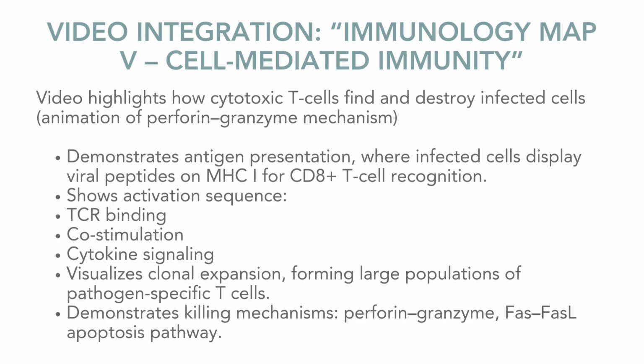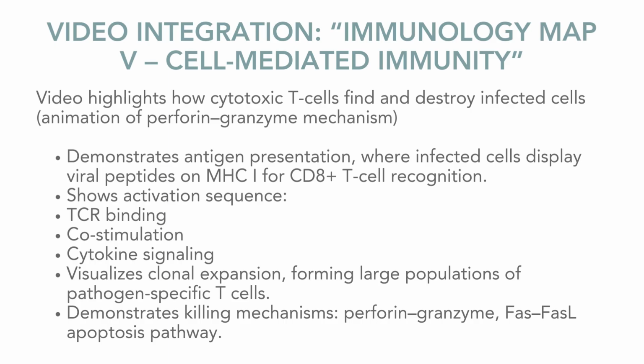Once activated, T cells expand into thousands of identical effector cells, and the concept here is called clonal expansion. This is central and based on chapter 60, and it's also talked about.